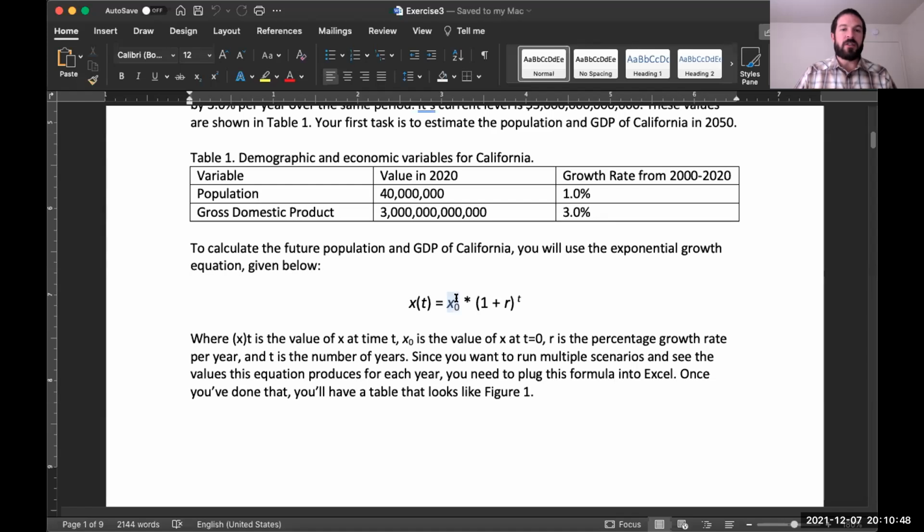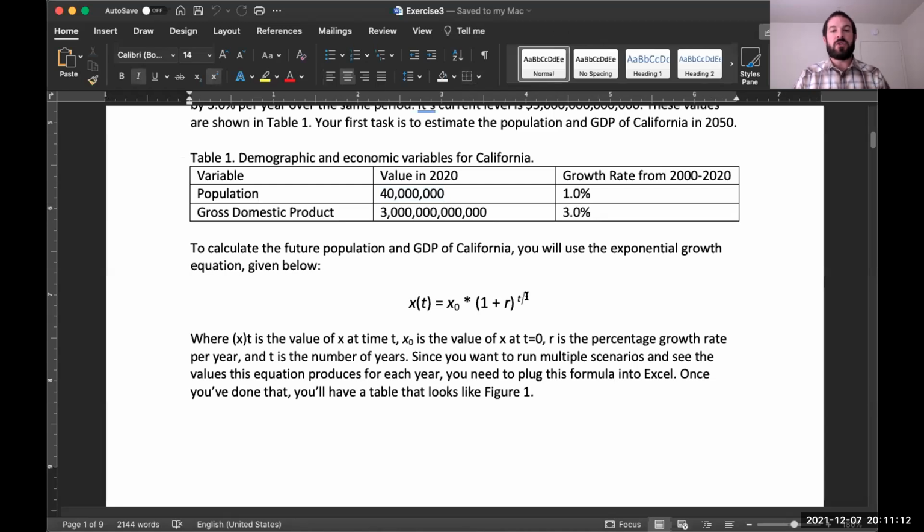Okay, so that's x0. In the case of population, 40 million, times 1 plus the percentage rate of growth. So 1 plus 0.01 in the case of population, which is basically just 1.01, raised to the power of t. And t is just the number of years out in the future that you're interested in looking at.